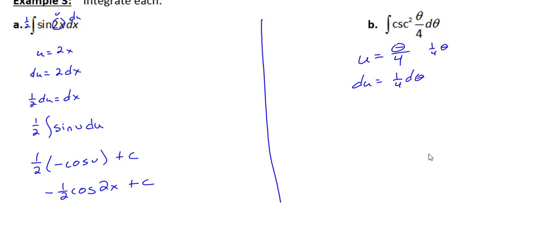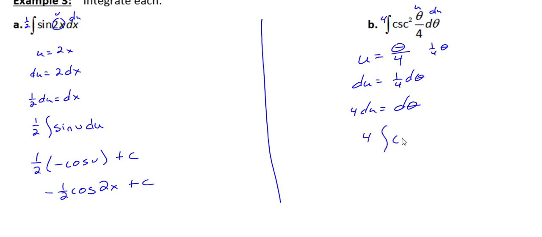One-fourth d theta. All right, multiply by 4 probably. We don't have any other constants. This is our u, this is du, and we have the 4 out in front, right? Sometimes it's helpful to see it like that.